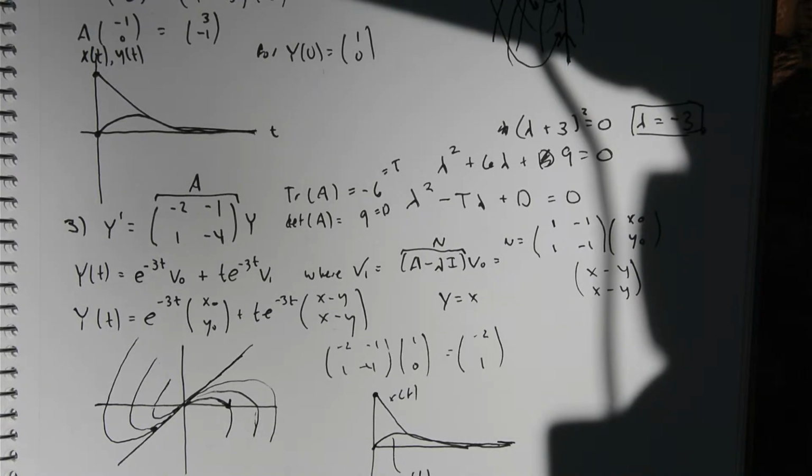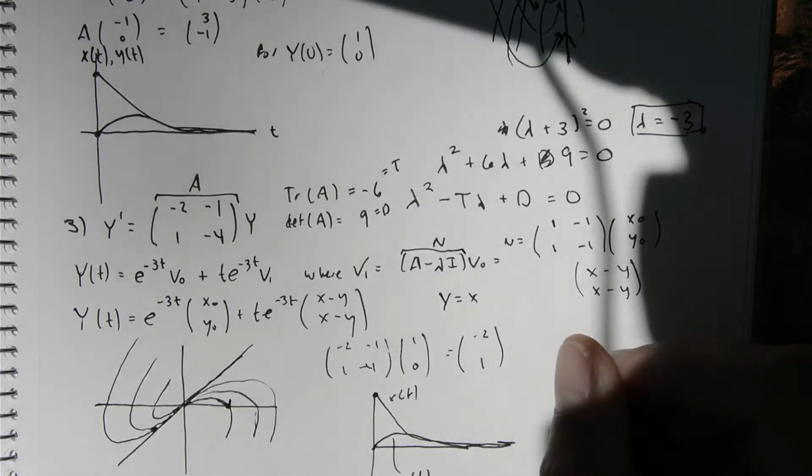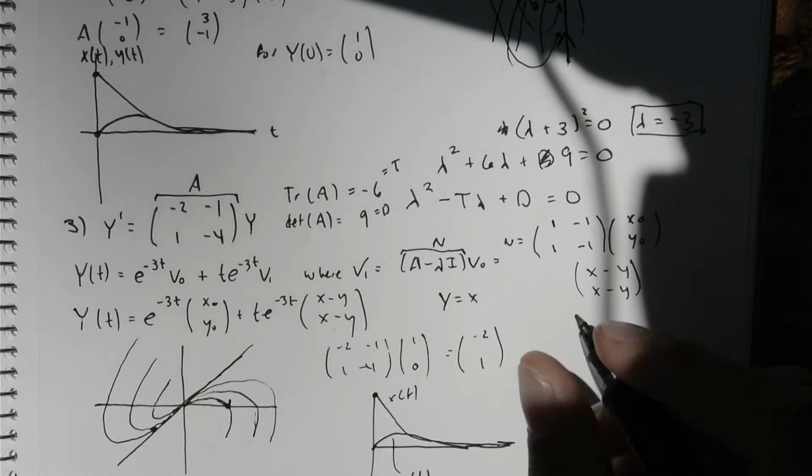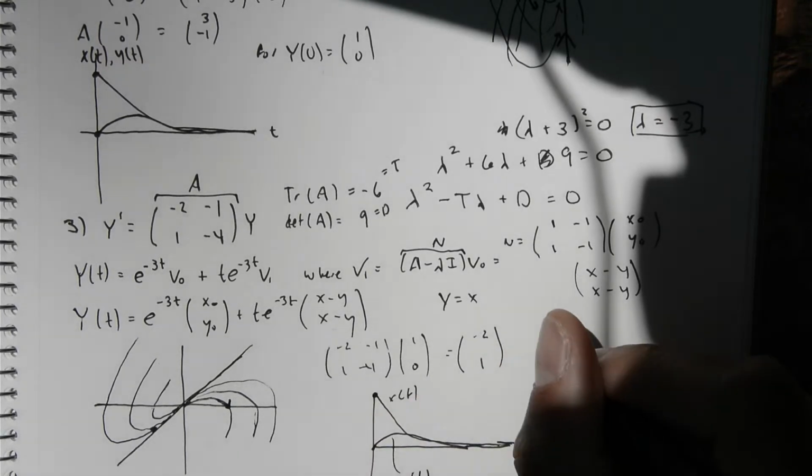Okay, great. So we just did the problem. Let's see, did we miss anything? We need to find the particular solution. So that's what we didn't do. So let's figure out what the particular solution is. The particular solution for these repeated ones is actually super easy.